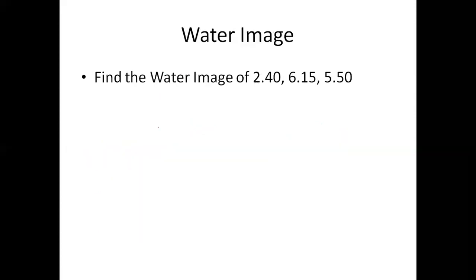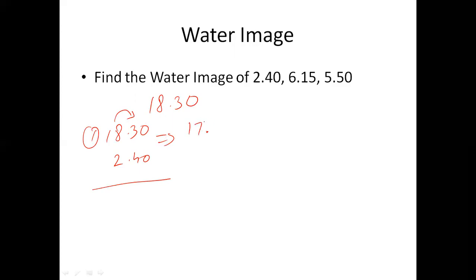For water image, how to find water image? Subtract the given time from 18:30. For example, 18:30 minus 2:40. Now you cannot subtract 40 from 30. What you will do, you carry 1 hour. If you carry 1 hour, it becomes 17 hours, and that 1 hour, that is 60 minutes, added to 30, becomes 90 minutes. From this, subtract 2:40. What you are left with is 15:50.